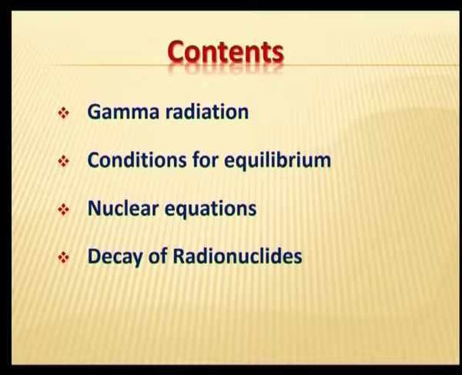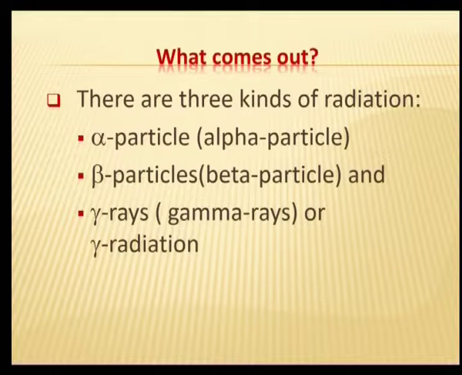I told you in the last lecture that radioactivity consists of 3 kinds of emissions. One is the alpha particle, the other is the beta particle, and the third one is the gamma radiation, and the distinction between these 3 was evaluated by Henri Becquerel himself.